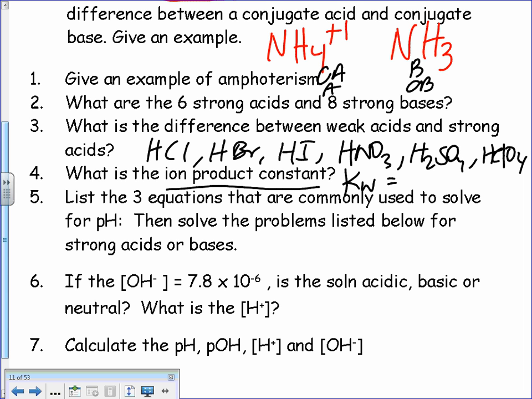So what are the 2 ions involved here? Hydronium and hydroxide. And what does that equal? Negative 14th, right.